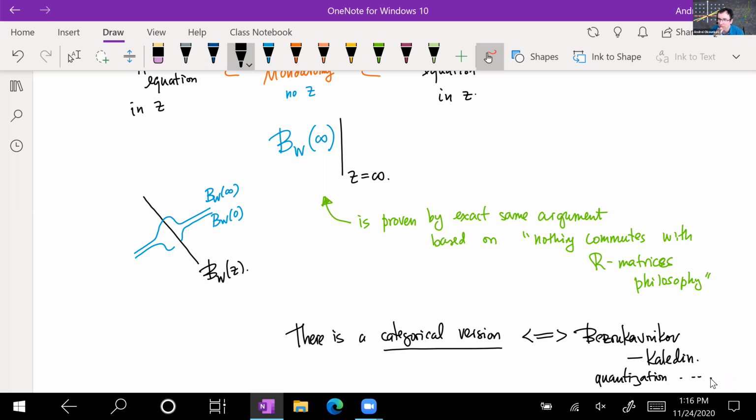So it is very related to what you say, Melissa. The proof I know is, again, you construct some kind of categorical stable envelope, and you prove they all commute somehow correctly, and then you conclude that nothing commutes with the R matrices, you're done.